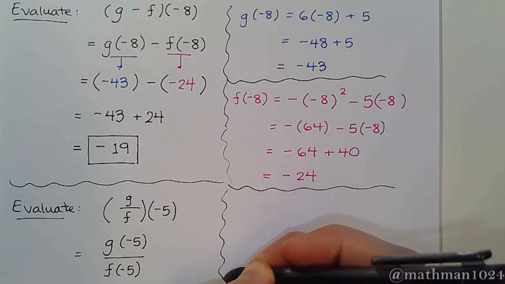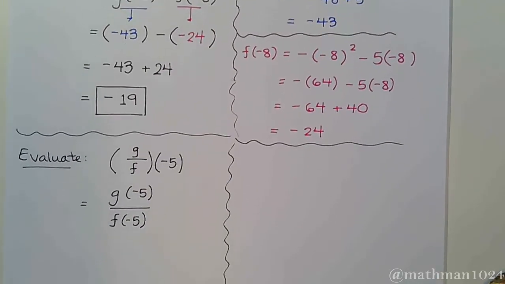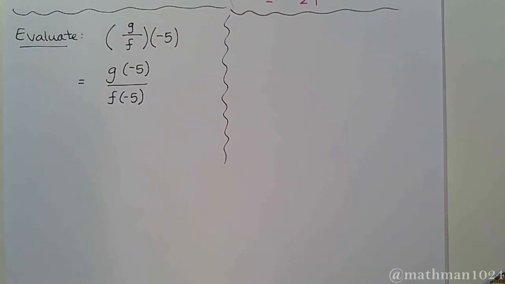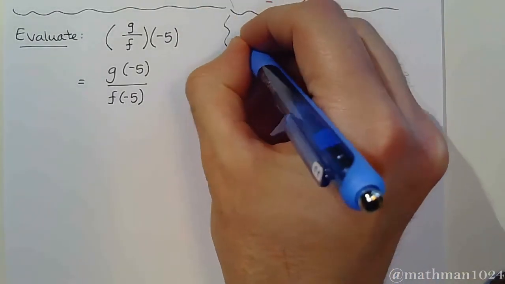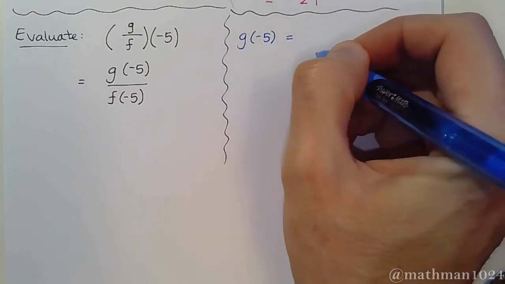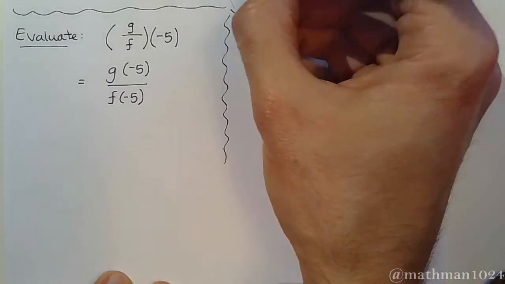All right. So I wasn't using negative 8 as I did in the last example, so we're going to have to go back and evaluate these guys brand new. So let's see, g of negative 5. So g of x was 6x plus 5, and if you happen to forget what the function was, maybe just above it, you write that function again.